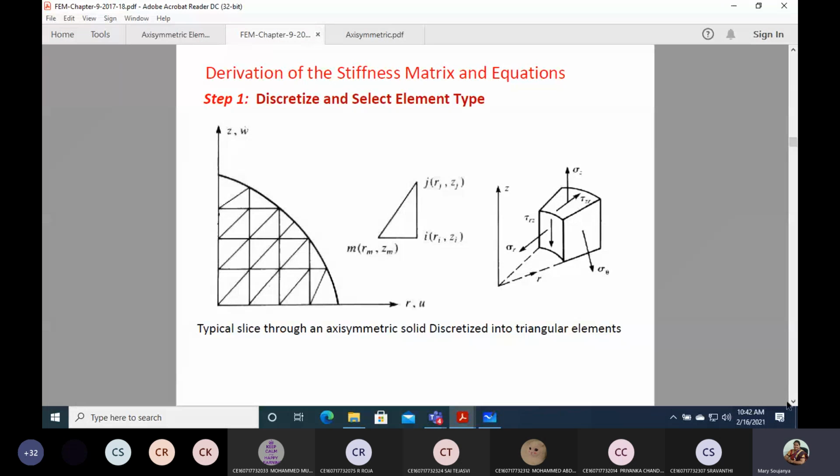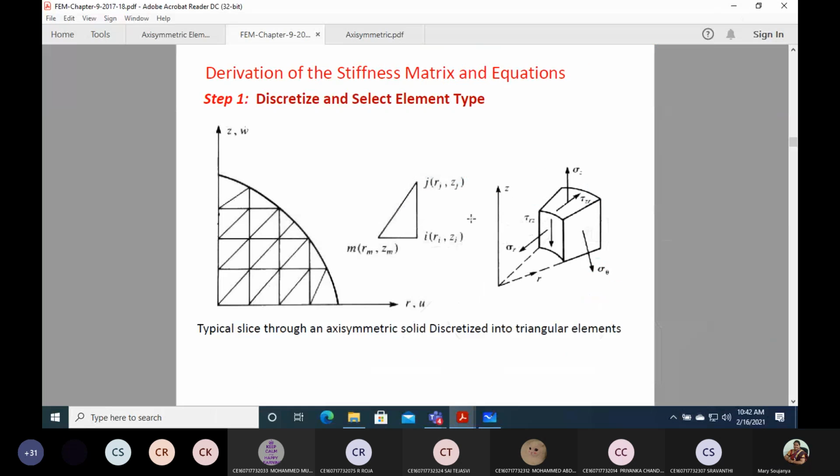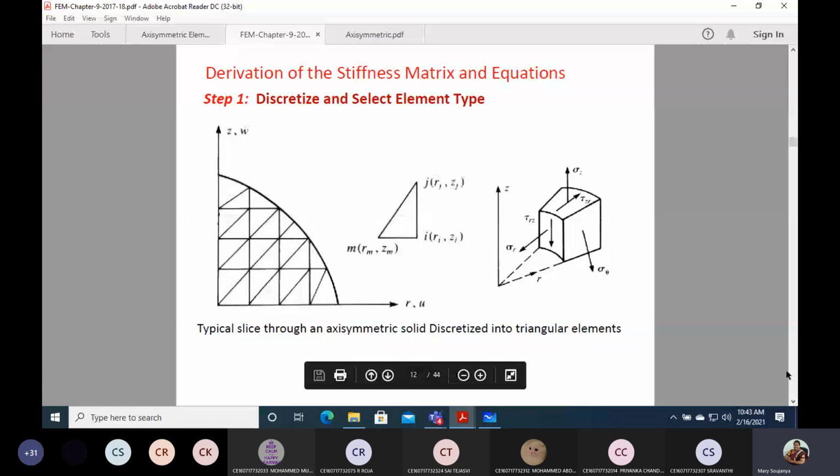So if you are very thorough with the procedure for determining the shape functions for the CST element, this one will also be very easy. This is the element we are concentrating on: one triangular element with nodes M, I and J, irrespective of wherever you place the nodes. For this, we are going to find out the shape functions.